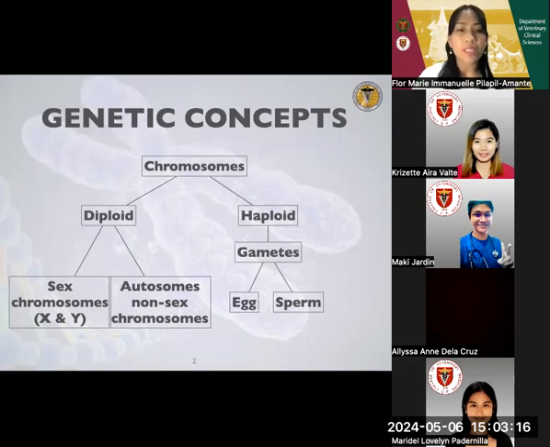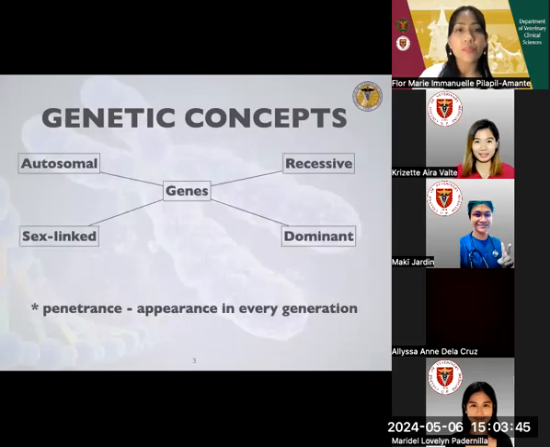A diploid means two members of each pair are present, like the sex chromosomes, either the XX or XY, or the autosome, any chromosome that is not sex-related. On the other side, we have the haploid, which has only one member present instead of pairs, such as the gametes, either the egg or the sperm.